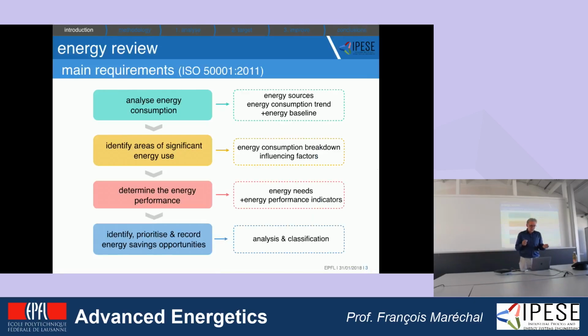So the way we do it is by having a list of steps. The first step is we have to identify from the energy bill what are the energy resources that we are going to consume. If I'm doing an analysis of the energy consumption, then I would like to know two things.